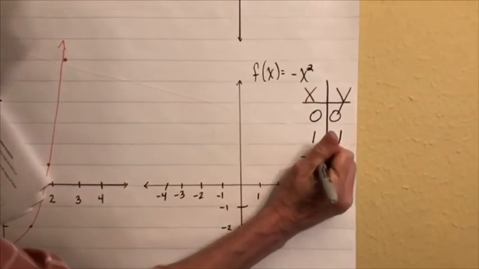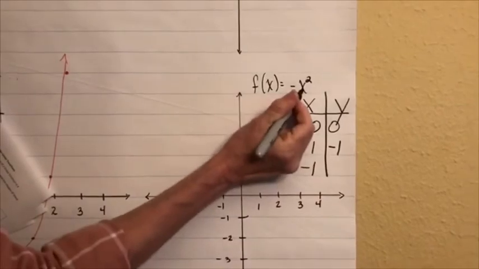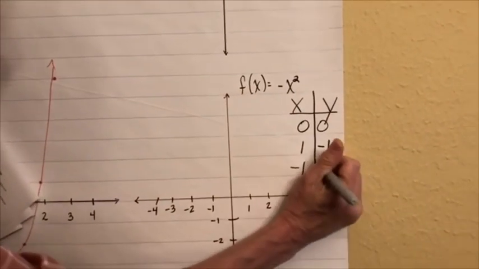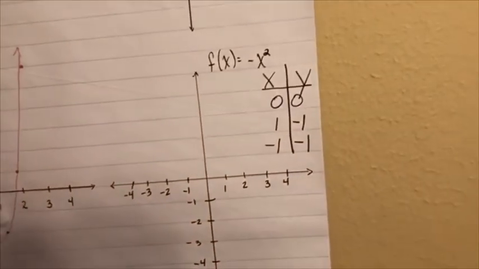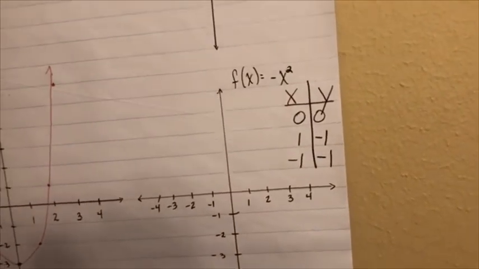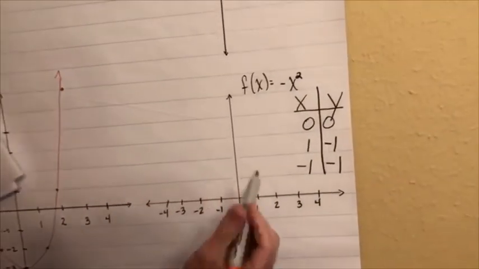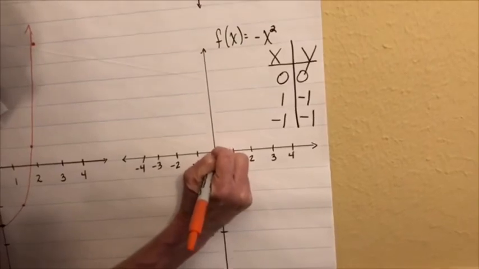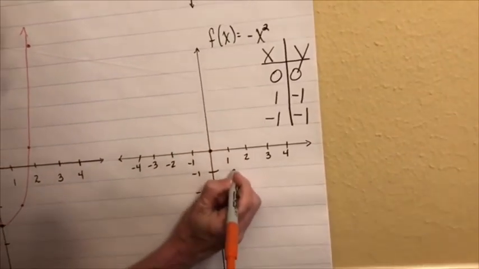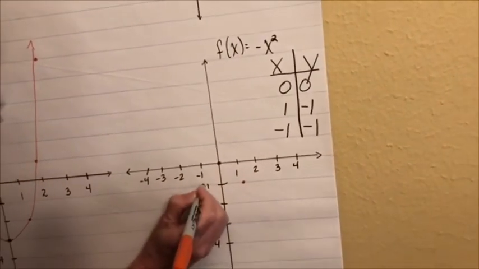Negative 1 squared is also 1, but with the negative out front, it's also going to be negative 1. When we graph this parabola, the only difference is it goes the opposite direction. It opens down.